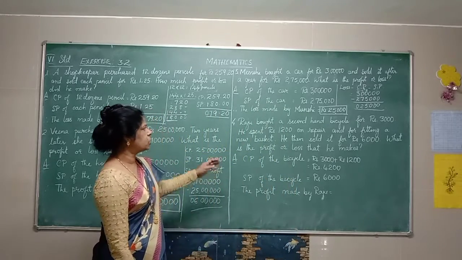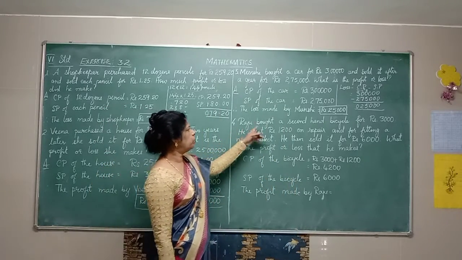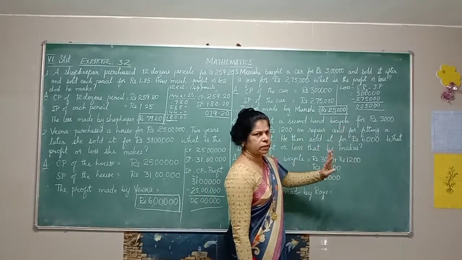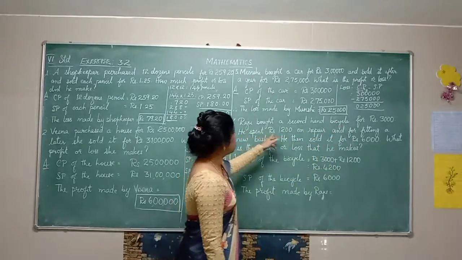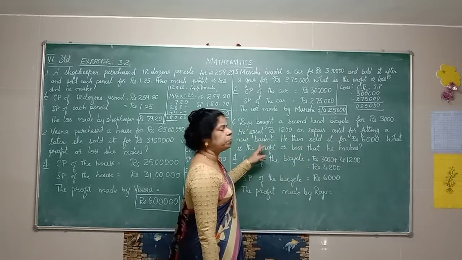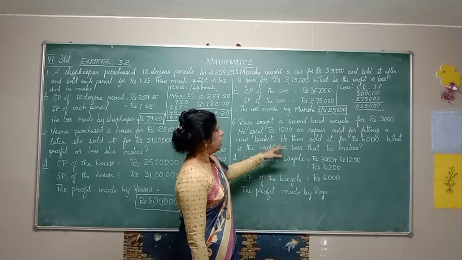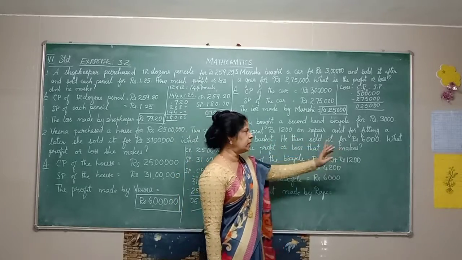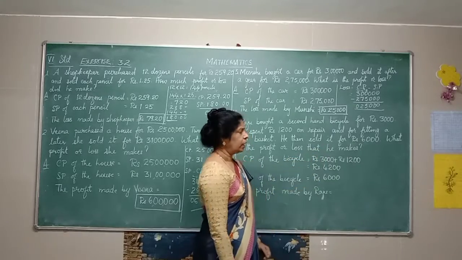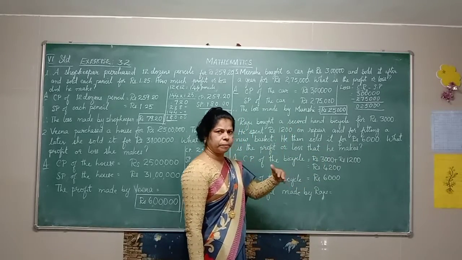Now let us see the next one. Raju bought a second-hand bicycle for rupees 3,000. He spent rupees 1,200 on repair and for fitting a new basket. He then sold it for rupees 6,000. What is the profit or loss that he makes? He purchased for 3,000.